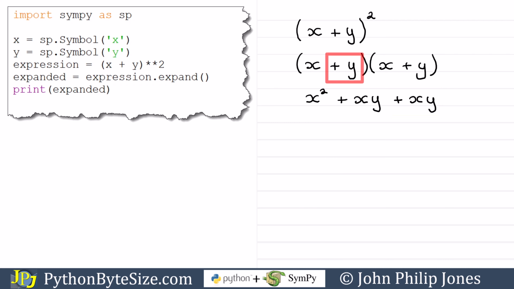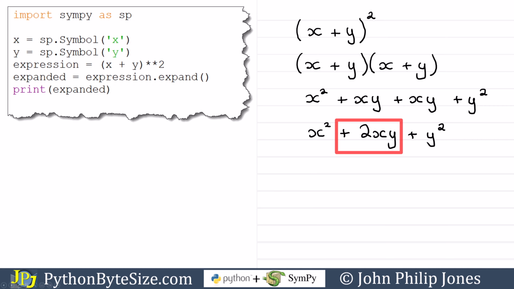Now, this plus y multiplying this plus y will give us plus y squared, and you can see that coming into view. We can simplify this by writing x squared plus 2xy plus y squared. And of course, this 2xy comes from the fact that we've added these two up here to give us the 2xy.